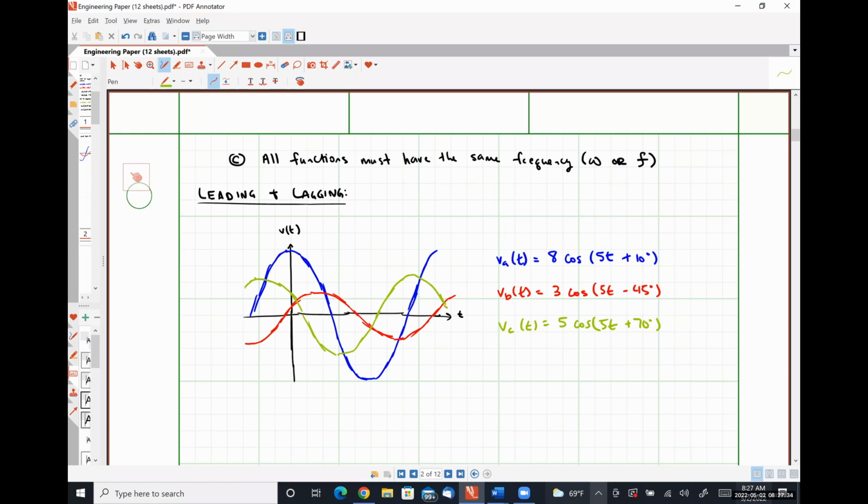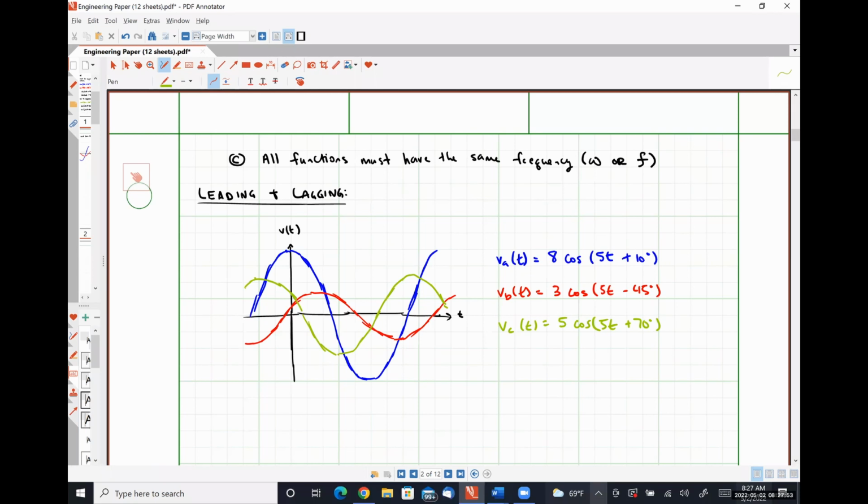All right, so if we wanted to determine which signal is leading or lagging, effectively, all that we are doing is deciding which signal hits its peak amplitude first.